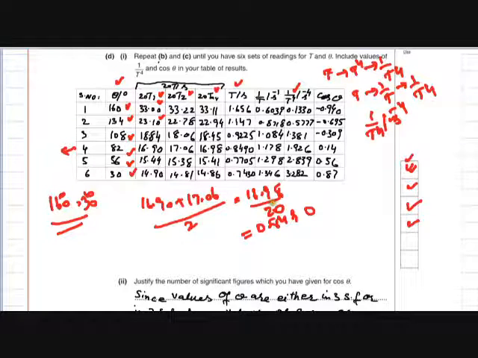Now I will take 1 upon t. So what will be 1 upon t? 1 upon 0.8490. So this is 4 significant figures, so 1 upon t also should be in 4 significant figures, and it comes out to be 1.178.